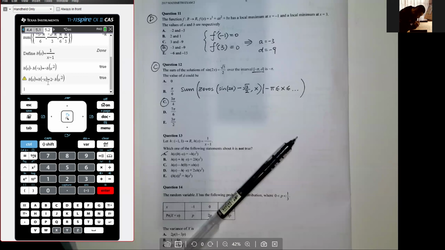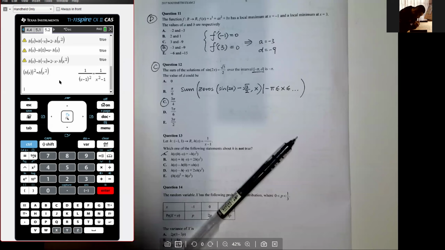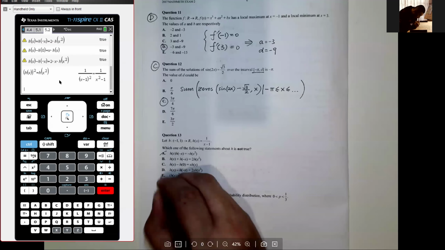Just ignore the triangle here, it's just indicating the domain might be slightly different. Then h(x) - h(0) equals x times h(x), also true. Next, h(x) - h(-x) equals 2x times h(x)², that's true. So the last one, h(x²) equals h(x)², is not true, apparently.